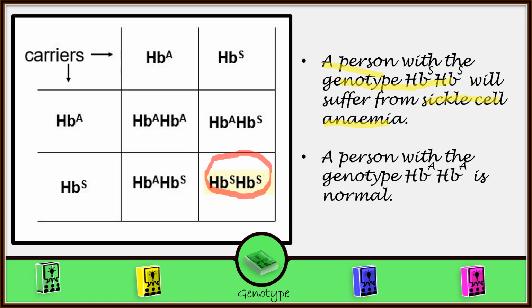And a person with the genotype HbA HbA is normal. So this person here is going to be normal.